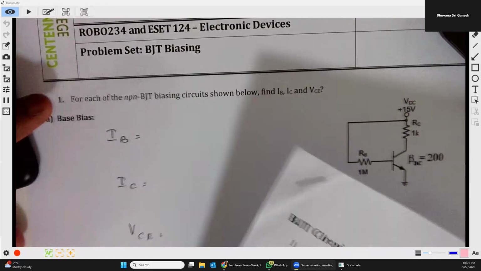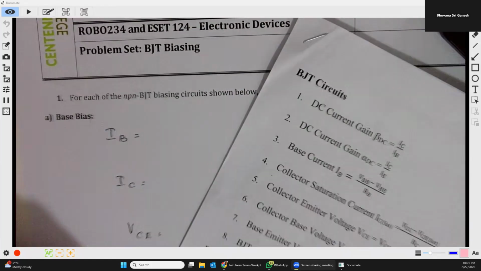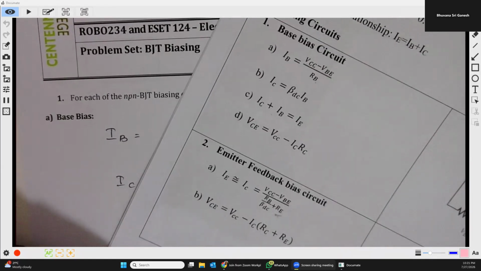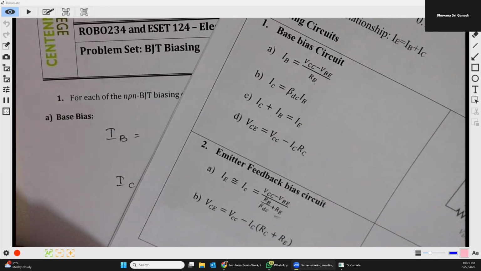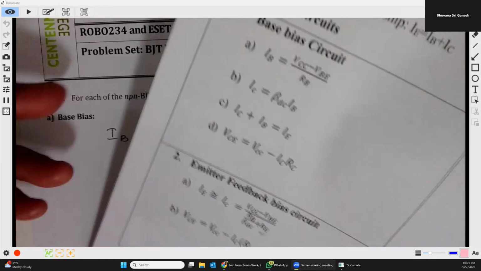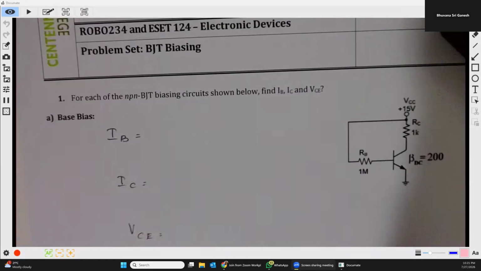This is a fixed base bias network. For the base bias network, the formulas required are IB, IC and VCE. So IB is VCC minus VBE over RB. We shall use it.